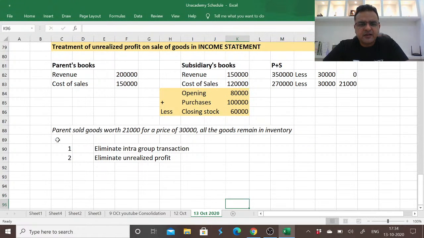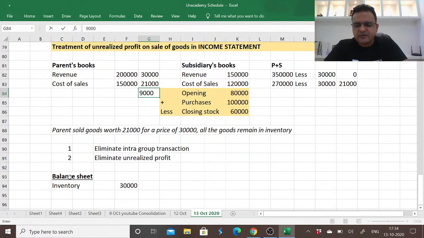The inventory is recording it in the balance sheet at 30,000. Plus, this entity has made a profit by selling goods worth 21,000 for 30,000. They made a profit of 9,000, which is not realized yet. This 9,000 is the unrealized profit.